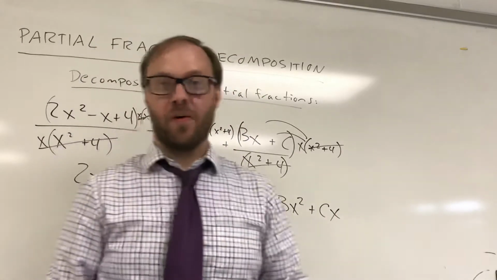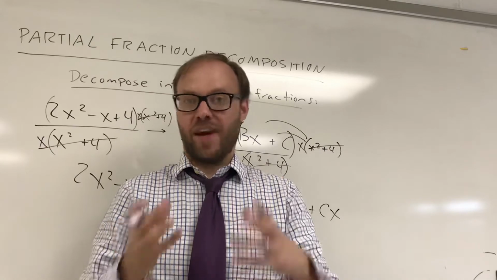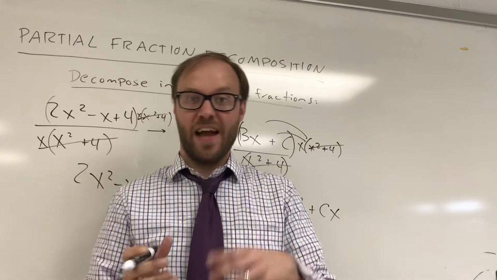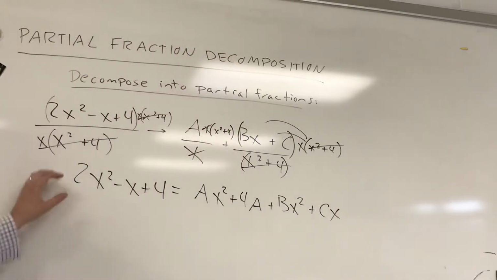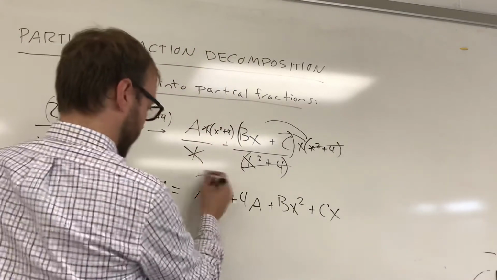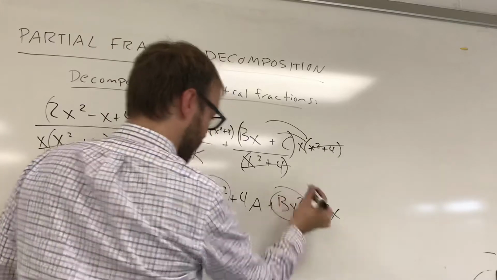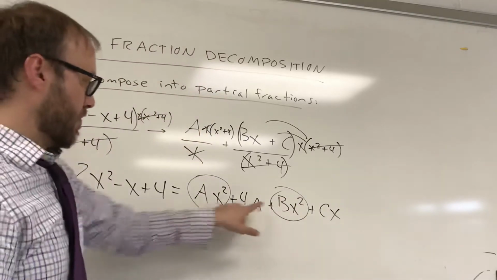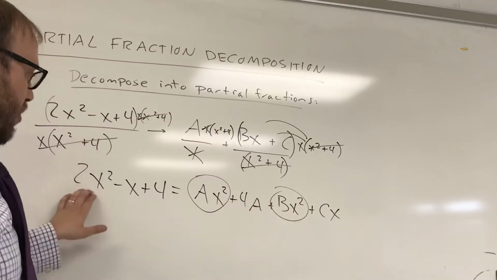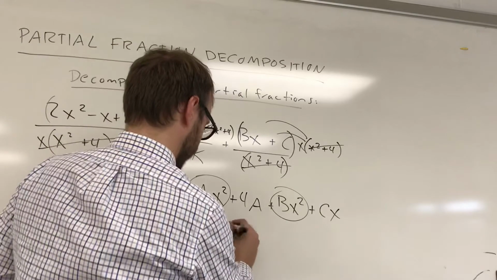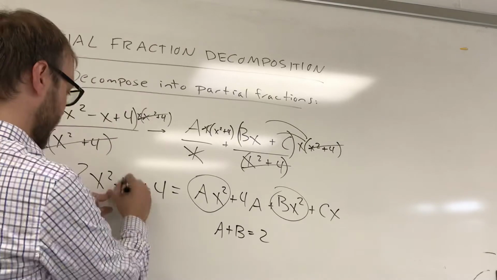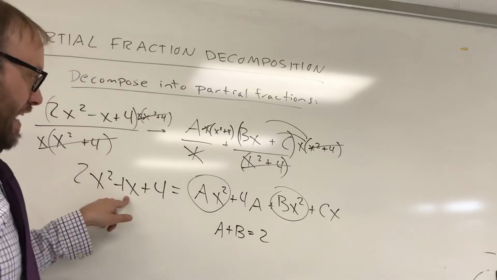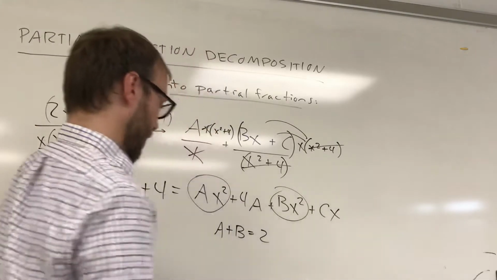And just like before, you're going to match up all your x squared terms, all of your x terms, and all of your constant terms with the original equation. So our x squared terms, we have an ax squared, we have a bx squared. So ax squared plus bx squared needs to add up to be 2x squared. That means a plus b needs to add up to be 2. Okay, we have a negative 1x here. We only have one x term.